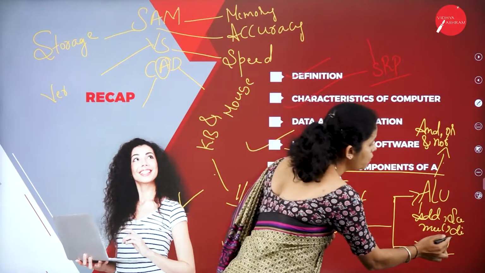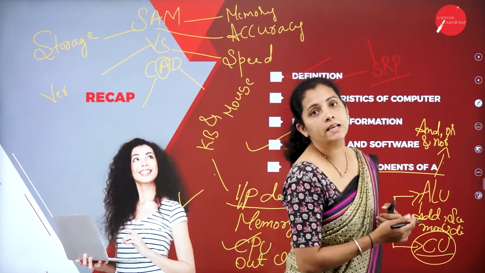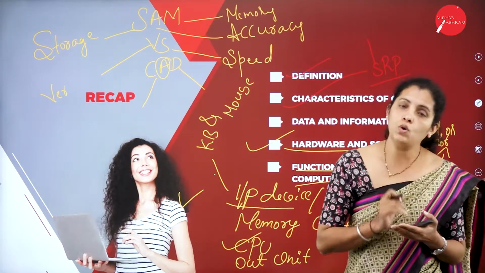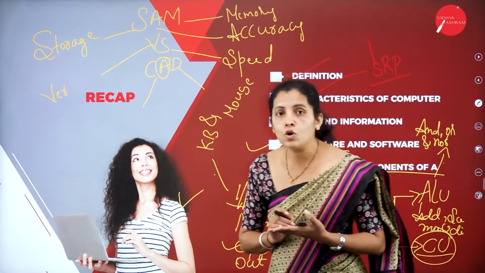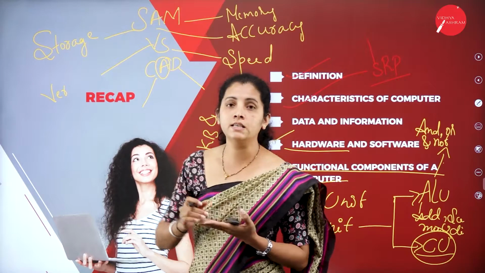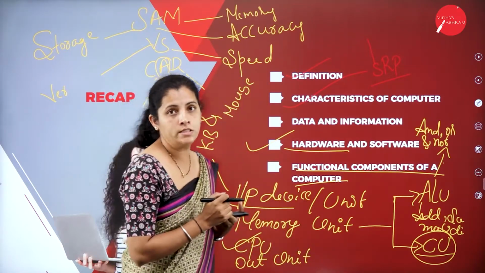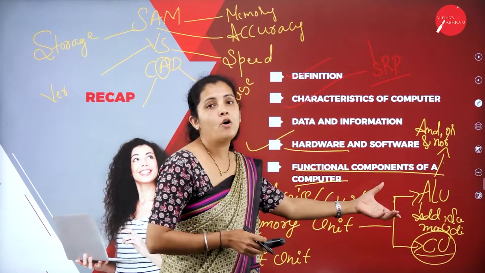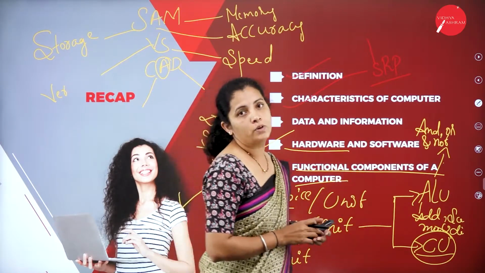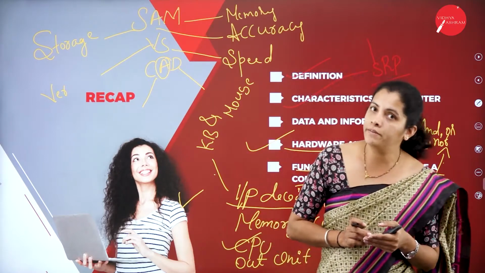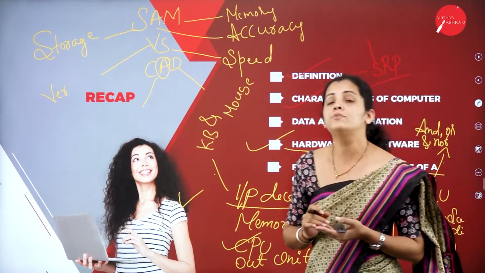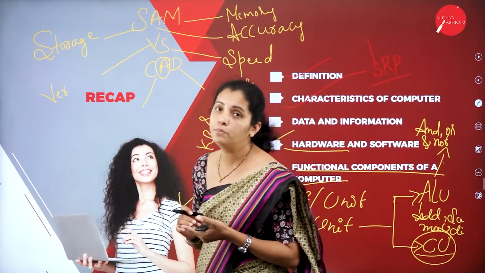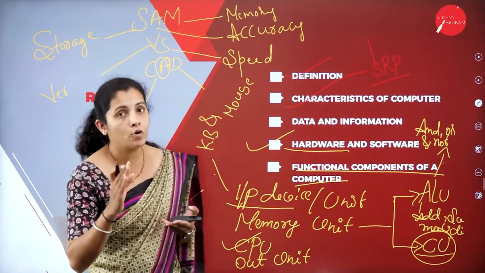Then we are going to have CU. CU is nothing but the control unit. This is also called the nerve system, that is the central nerve system. And this CU is responsible for coordinating and managing the input device as well as the output device.